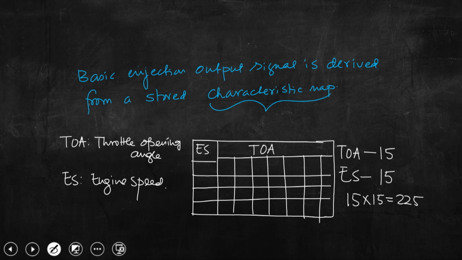Following this, we get these 225 data points, and this table is stored in the ECU as part of the read only memory, right. So, this is essentially a lookup table.